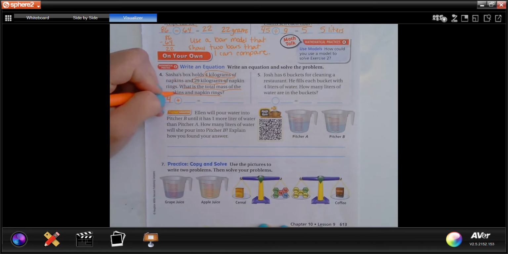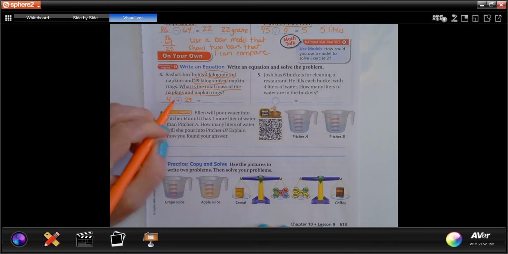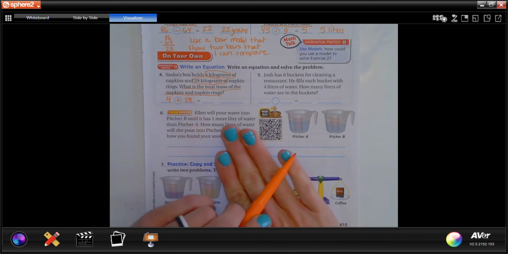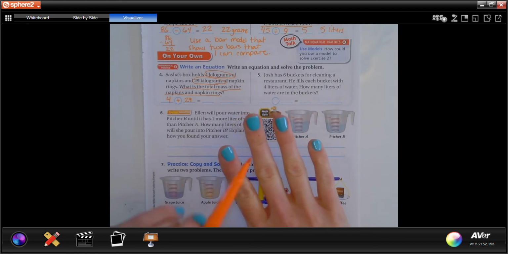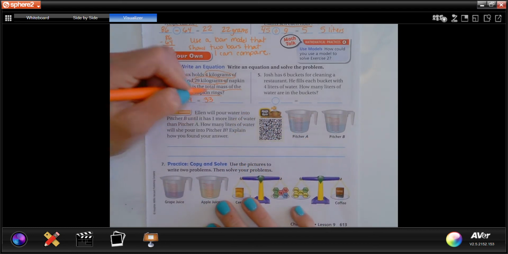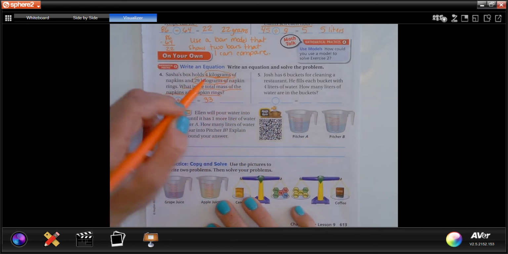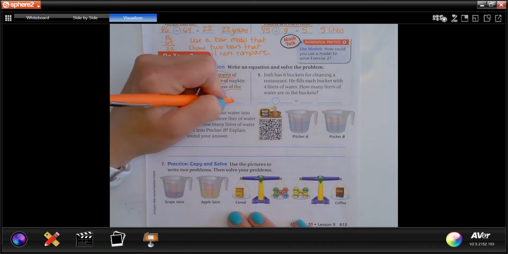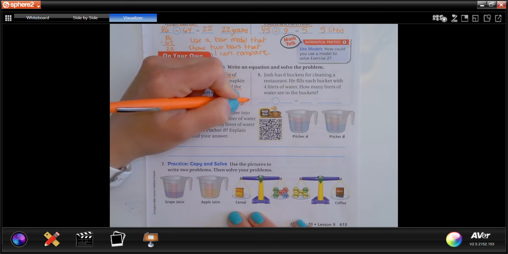So 4 plus 29 is, you're going to go up 4 from 29, so 30, 31, 32, 33. And we're working with what? Kilograms. So the answer is 33 kilograms.